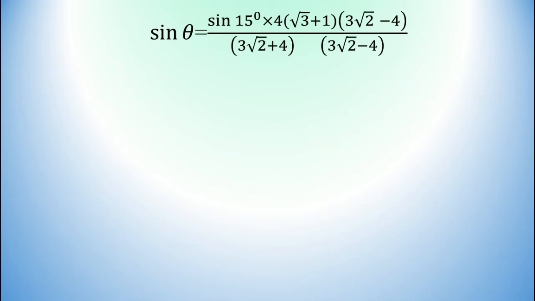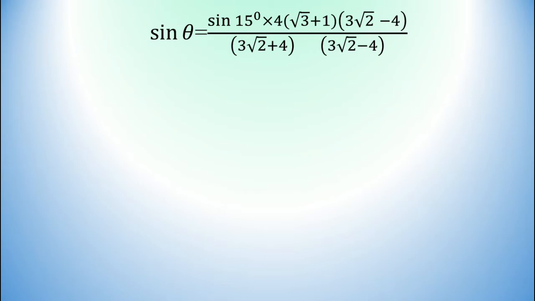Now you have to follow the same procedure as the first sum. Multiply both the numerator and the denominator by the conjugate. What's the conjugate here? The denominator is 3 root 2 plus 4, so the conjugate is 3 root 2 minus 4.